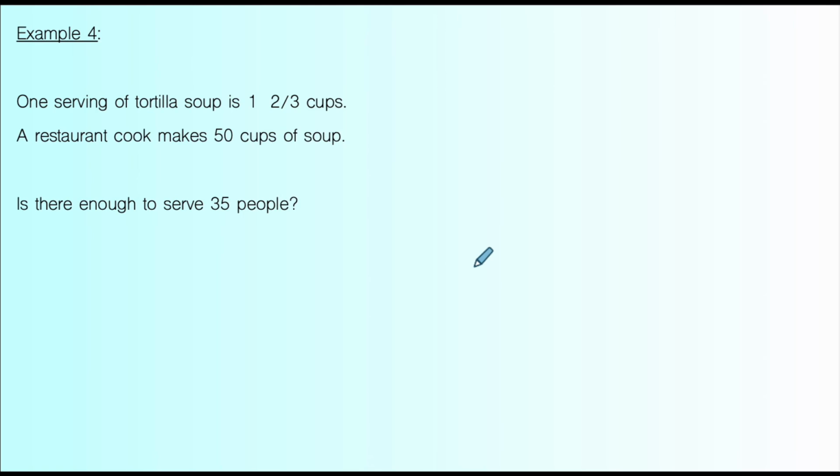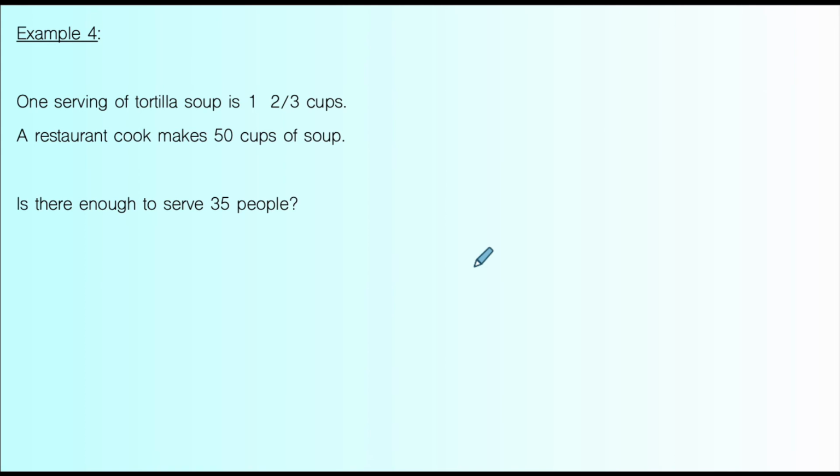So if you go to a restaurant and they bring you out a bowl, the bowl has 1 cup and then 2/3 of a cup, 1 2/3 cups. That's a serving. A restaurant cook makes 50 cups, a big pot of soup, and there's 50 cups of soup in that pot. The question is, in that big pot of soup, is there enough to serve 35 people?